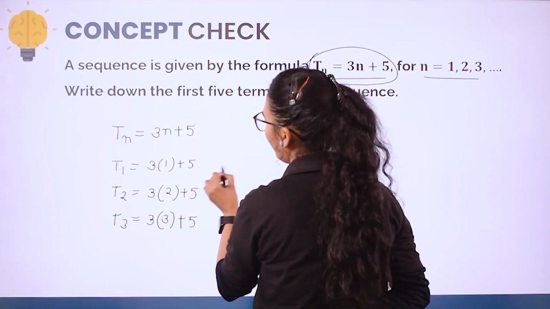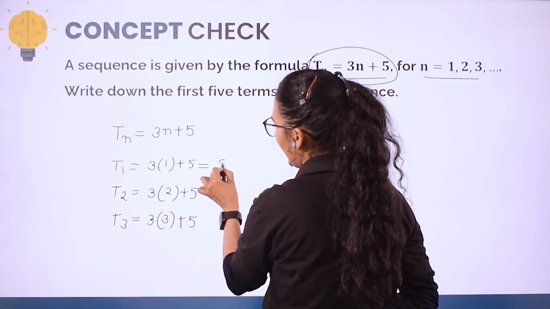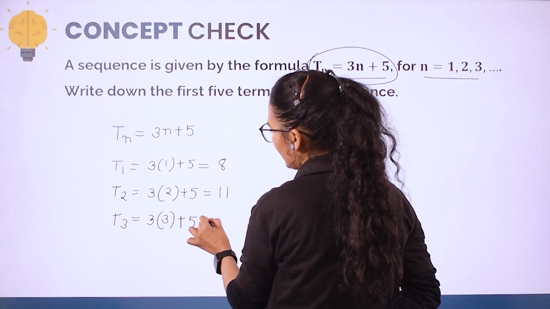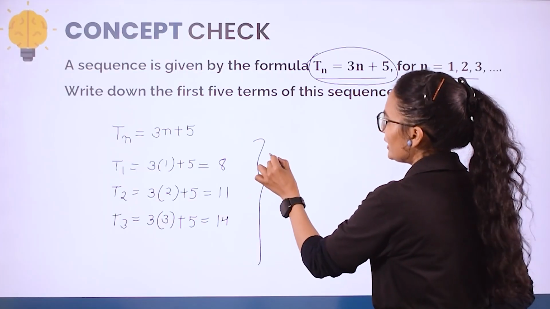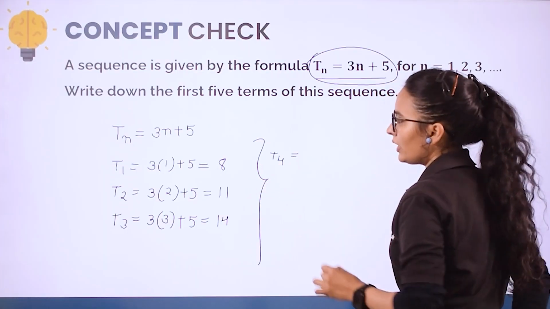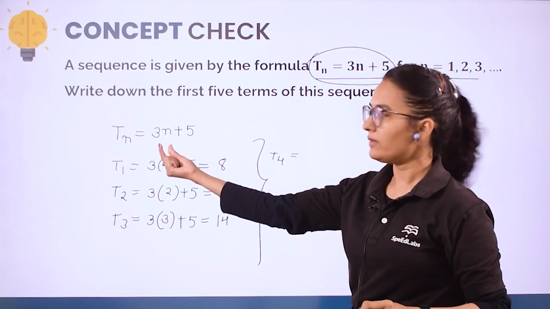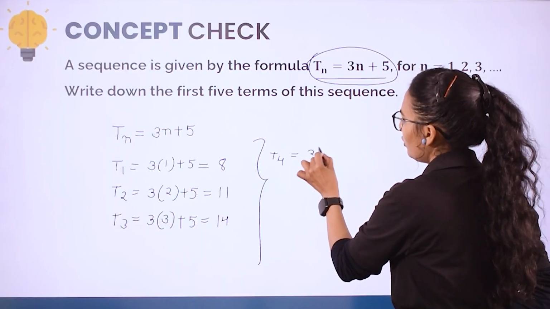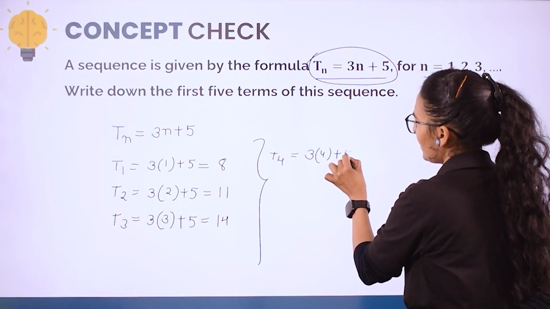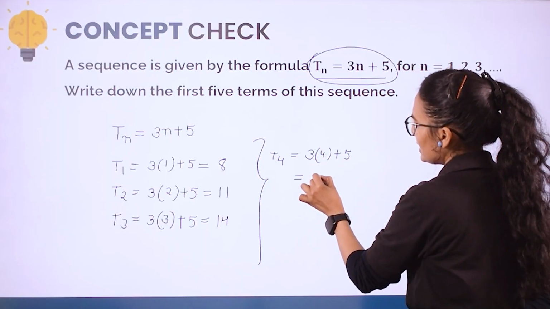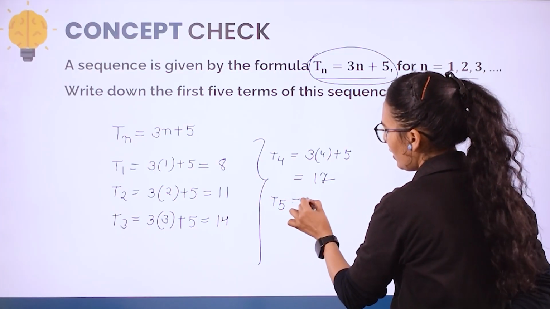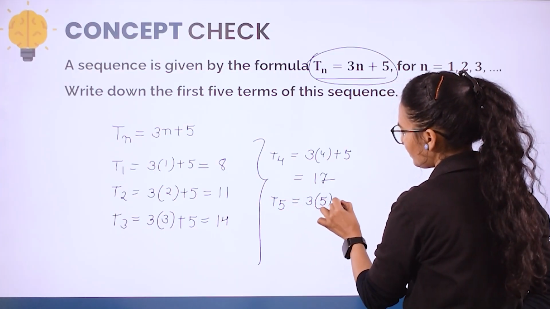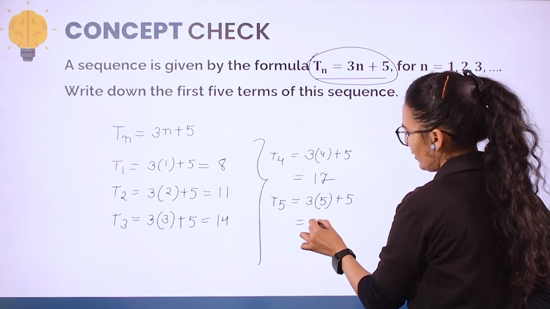That is equal to 8, 11, 14. Let me find the other two terms also. For T4, put n equals 4: 3 into 4 plus 5, 12 plus 5, that is 17. T5, placing 5 here, is equal to 20.